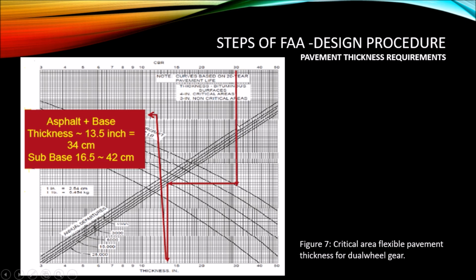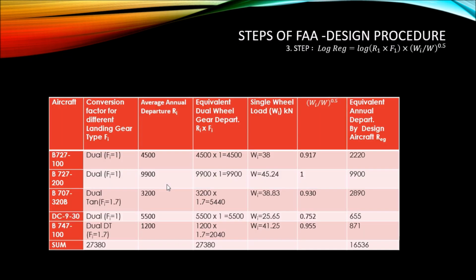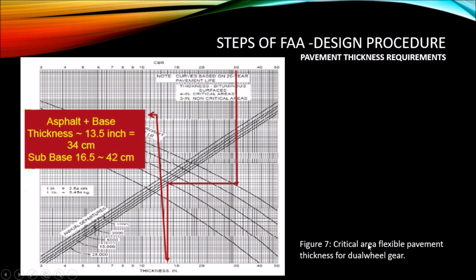As we're moving down, we have to touch our annual departure for our aircraft. Remember that it is 190,500, which is close to 200,000. So we move down and touch where we have the graph of 25,000, which is close to the 16,536 that we have here.